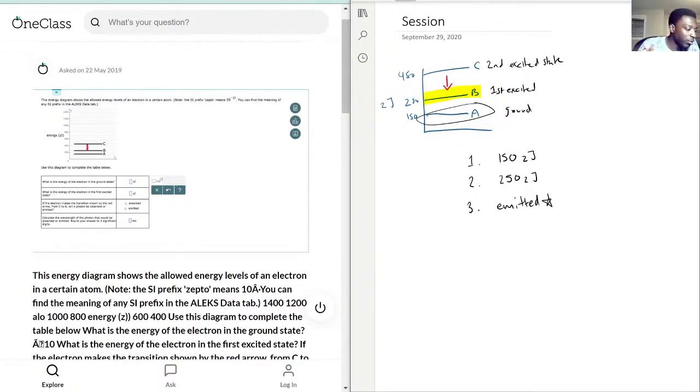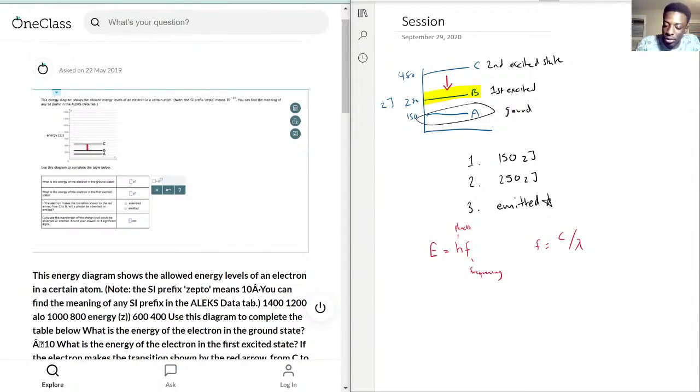The way we solve this, we have to make sure we use the right formula. To find the wavelength, we use the formula that energy is equal to hf, h being Planck's constant and f being frequency. And we know frequency is equal to the speed of light, c, over the wavelength.